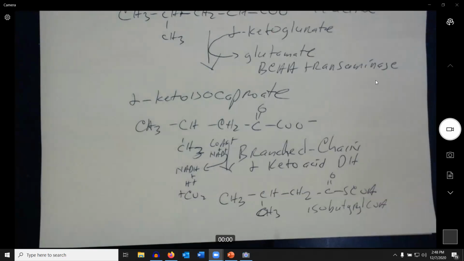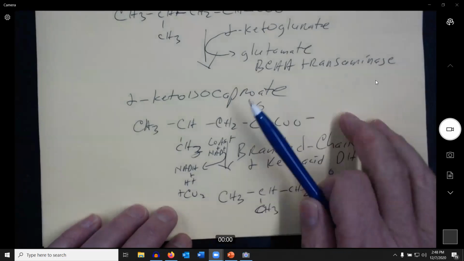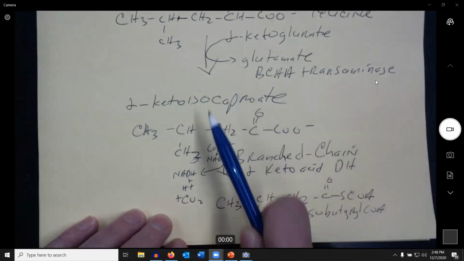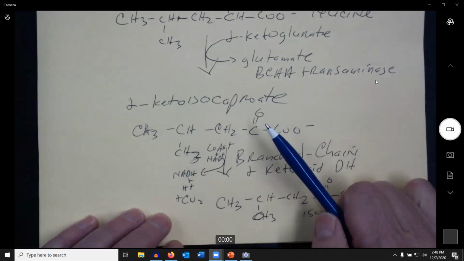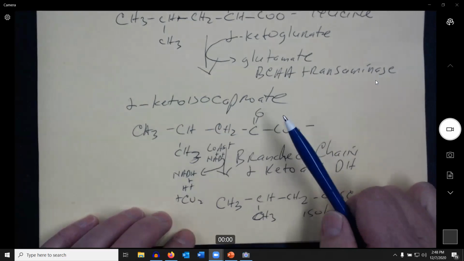And mutations in structural genes that encode this enzyme will lead to a buildup of these alpha keto acids. Those alpha keto acids will then be broken down by oxidation to particular things that are released in the urine. And those things that are released in the urine kind of make the urine thick.